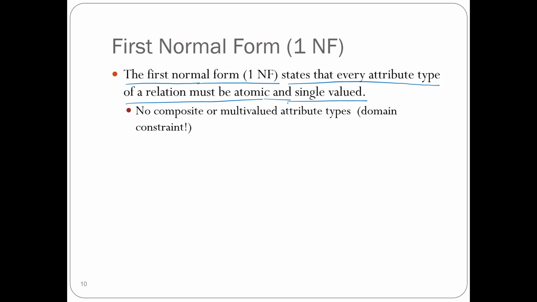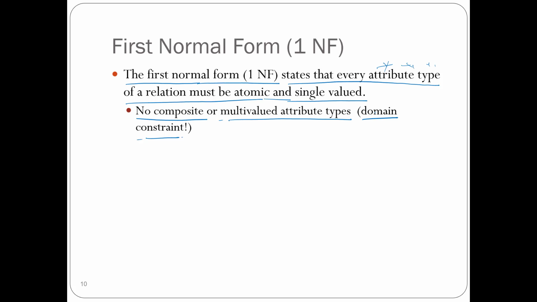So here we have it now. No composite or multi-valued attribute types are allowed. In fact, this property of first normal form, which says that every attribute type of a relation must be atomic and single valued, is the same as the domain constraint that we learned in the last lecture.